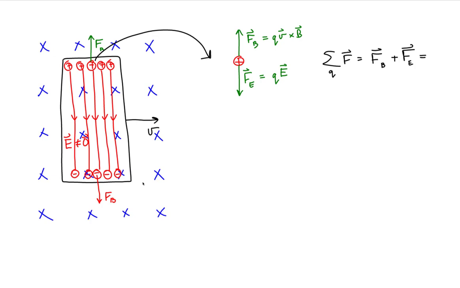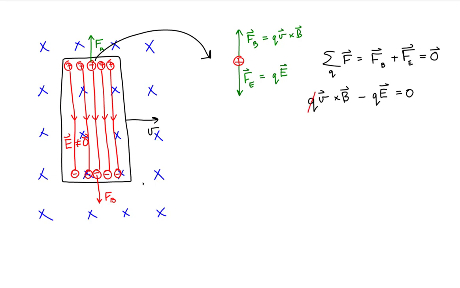And that sum is equal to 0 because our charges are in equilibrium. So this net force is given by the positive charge times the cross product between its velocity and the magnetic field minus the charge times the electric field, which is going downward, and this is equal to 0.